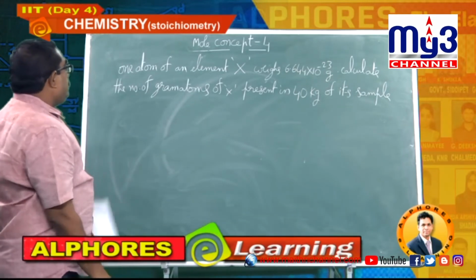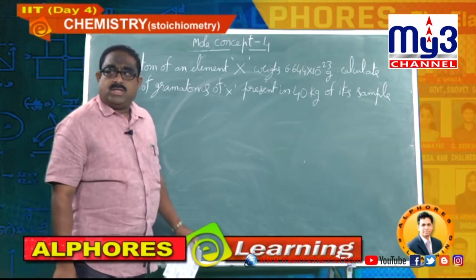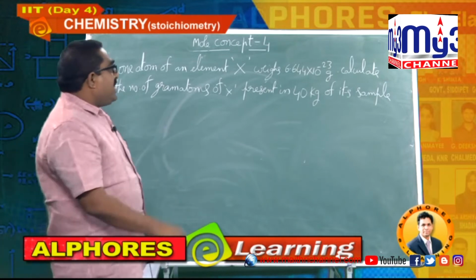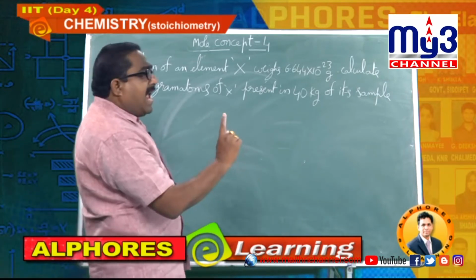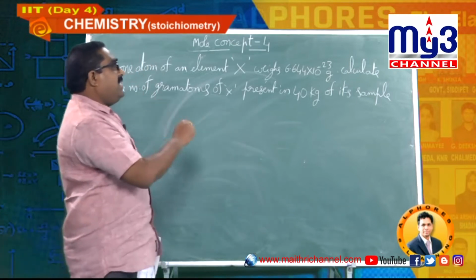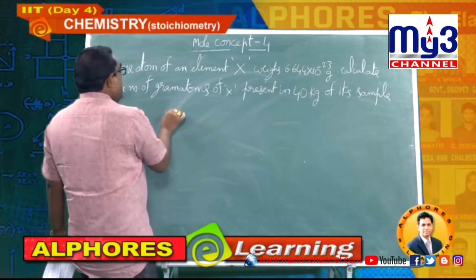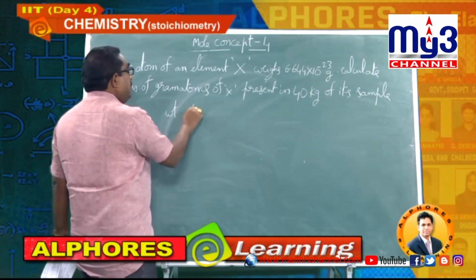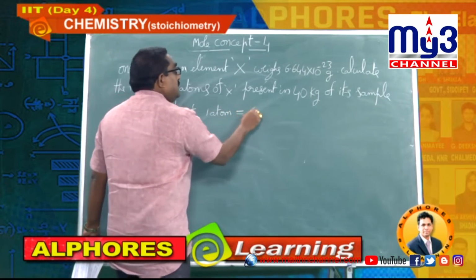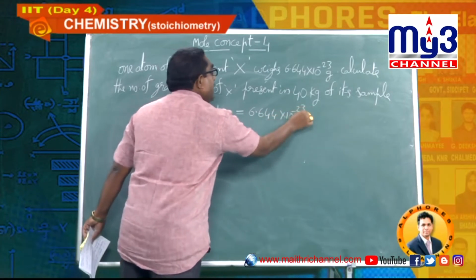Right. Now I am going to explain how to solve this numerical. He has given simply the weight of one atom, a single atom of an element X. I am writing here the same data. Weight of one atom is equal to 6.644 into 10 power minus 23 grams.